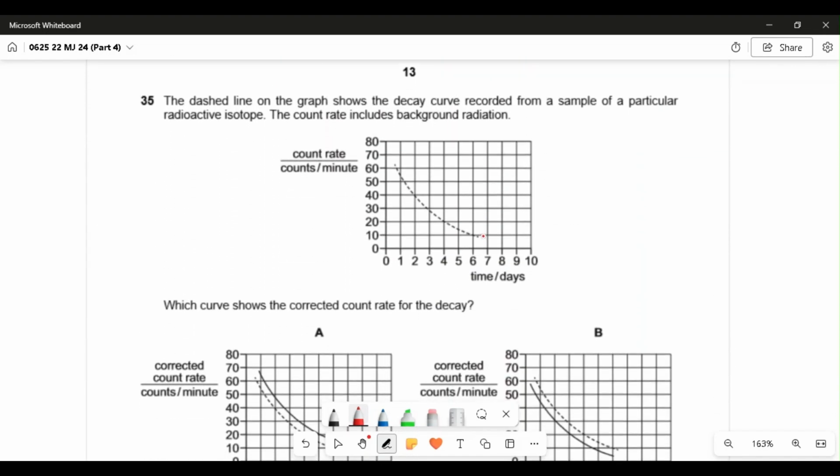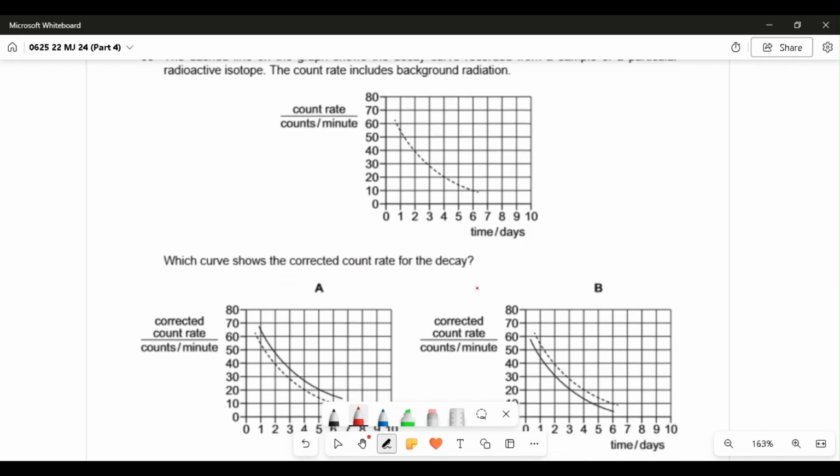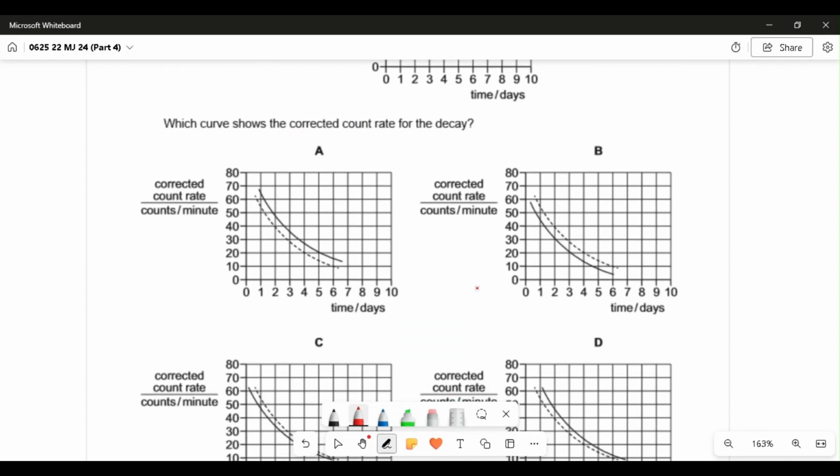The dashed line in a graph shows the decay curve recorded from a sample of a particular radioactive isotope. The count rate includes background radiation, so the dotted line shows the count with the background. Which curve shows the corrected count rate for the decay? The corrected count rate will be less. So the corrected one is the solid line, which is lower.